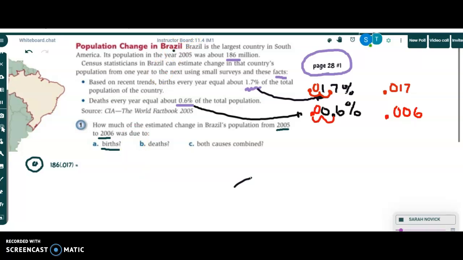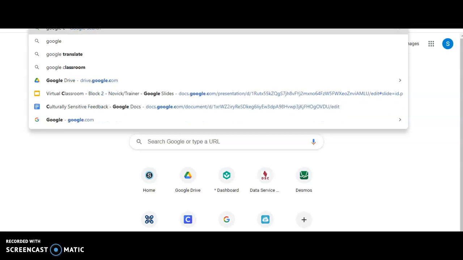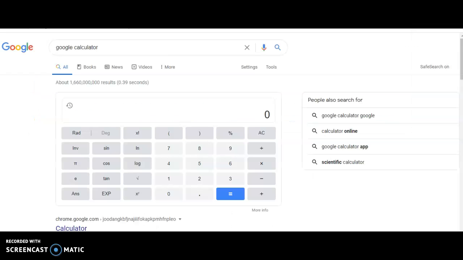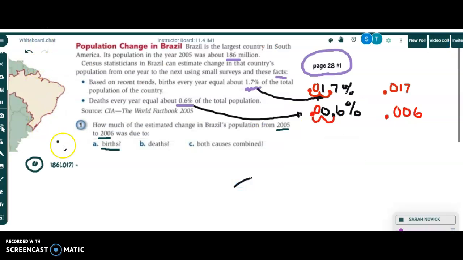So you can always use a calculator to do that type of math, or we could just go to Google Calculator and let's just type that in. So we had 186 times 0.017, and what number do we get? 3.162. Okay?